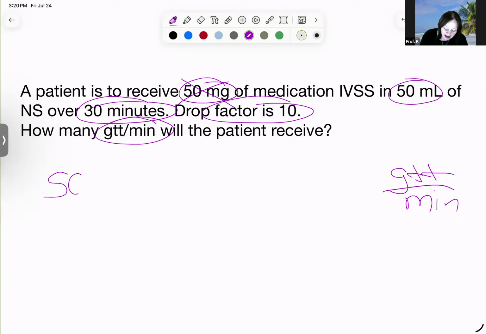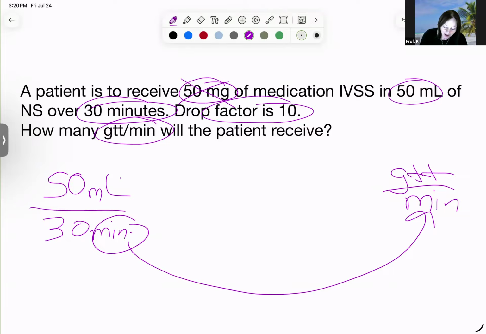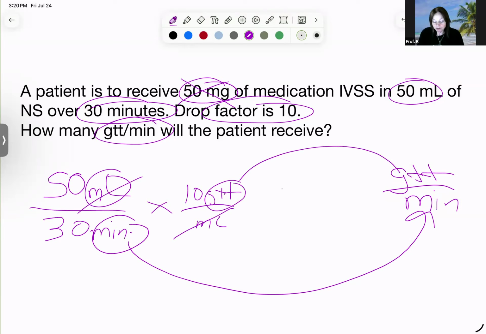I just need to know how fast it's going to flow into that patient. 50 milliliters over 30 minutes. I have minutes, but now I just need to change milliliters to drops. How do I do that? There's 10 drops per milliliter, and that is it. So this one would be 500 over 30. My calculator would give me 16.66, which I would round to 17 drops a minute.